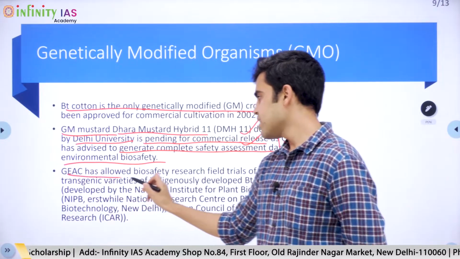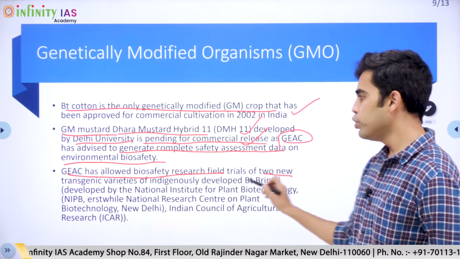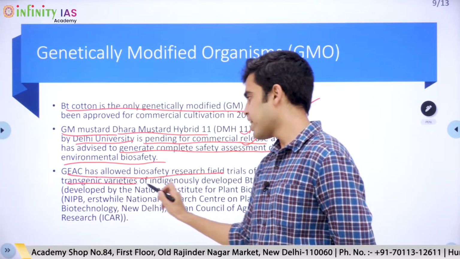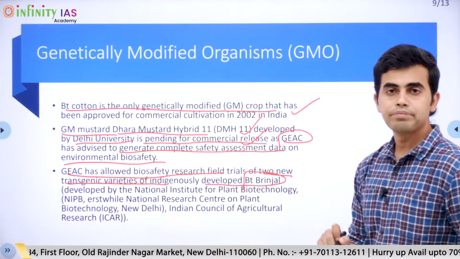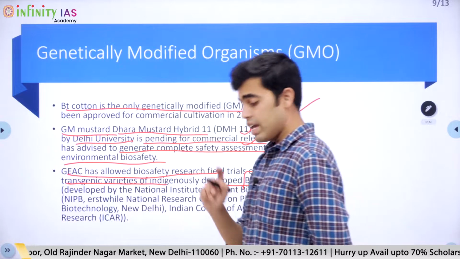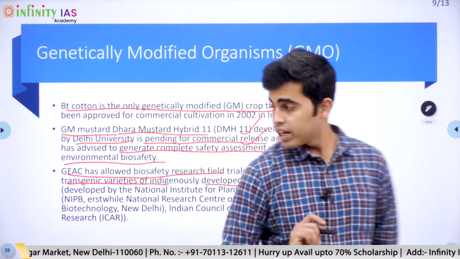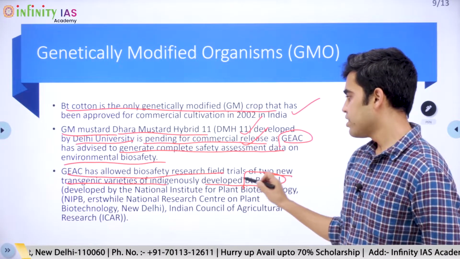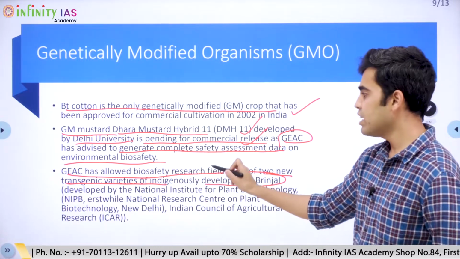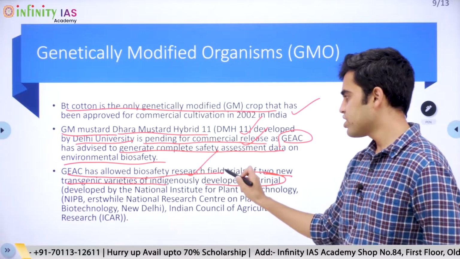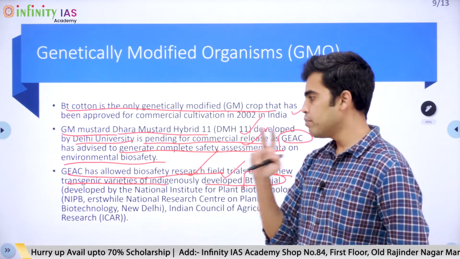Next, GEAC has allowed biosafety research field trials of 2 new transgenic varieties of indigenously developed BT brinjal. So BT brinjal is also another food crop that was genetically modified, but here also we see that GEAC, the Genetic Engineering Appraisal Committee, has asked for research and field trials of 2 varieties of BT brinjal.